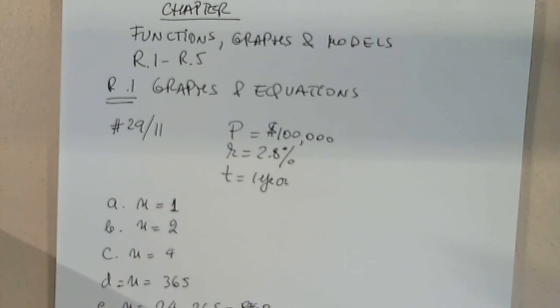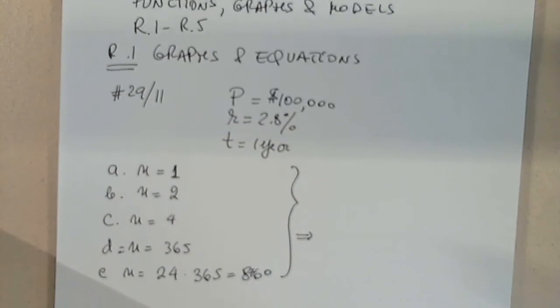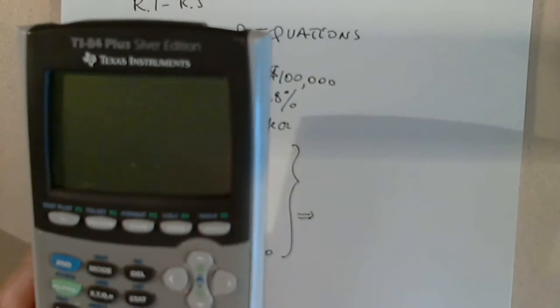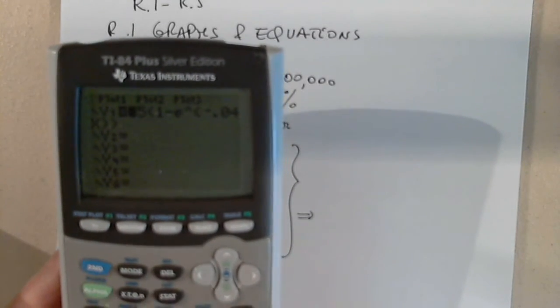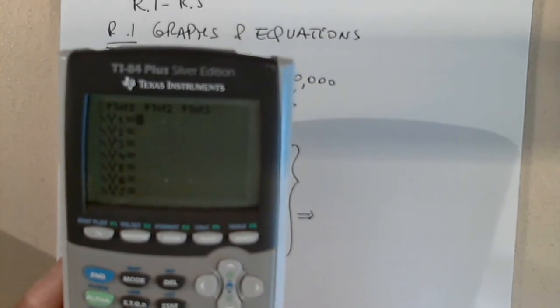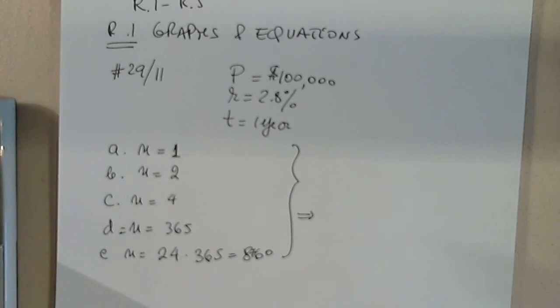8,760 hours. At this point, what I'm going to do is grab my graphing calculator and press y equals, where I will put in a function. Here's our function.